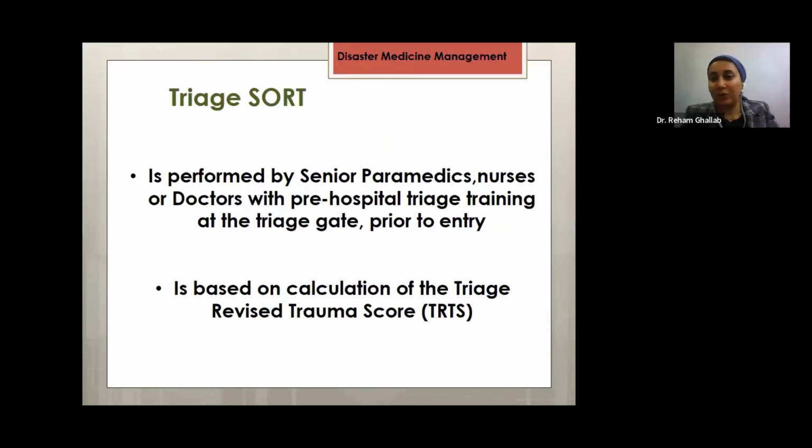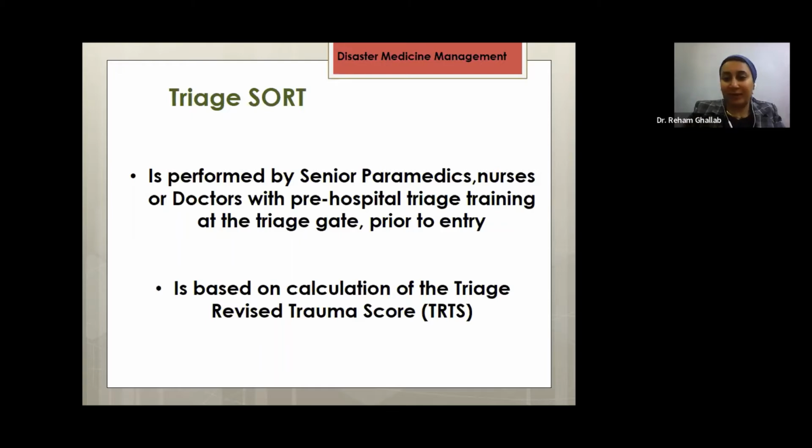Let's go to the second type of triage, triage by sort. It's more difficult and complicated. Let's remember that triage by sieve is done by the first officer arriving at the scene, and it's a dynamic process at the scene, at the ambulance, at the ER, at the hospital, pre-hospital.